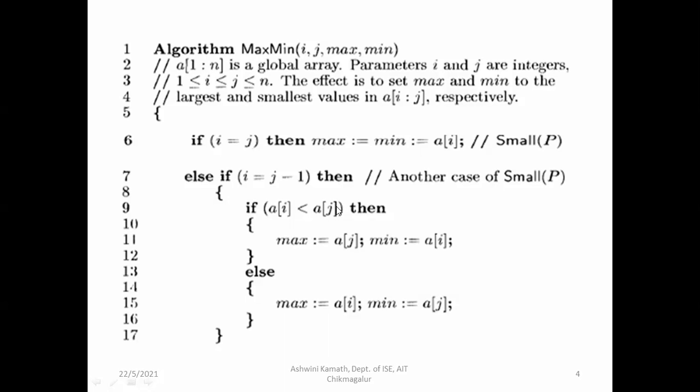When we have two elements, we compare once. When we have one element, we are not comparing elements, because we have only one element. We are just checking the index here. If i is equal to j, it is not element comparison. So when n is equal to 1, that is, when we have only one element, 0 comparisons. When we have two elements, 1 comparison.